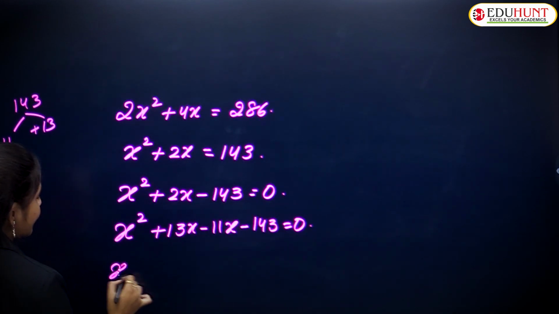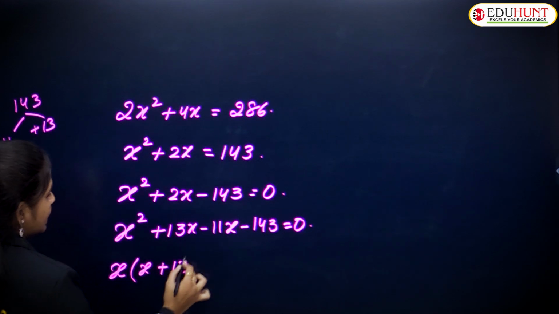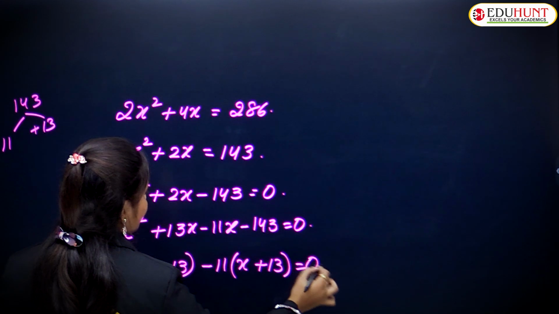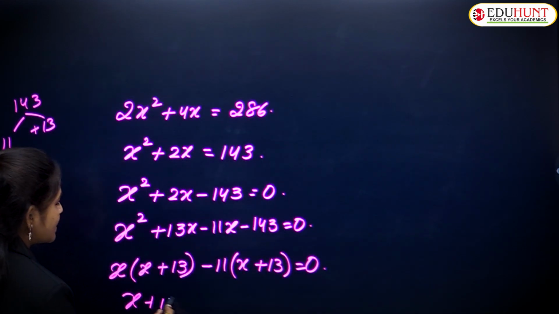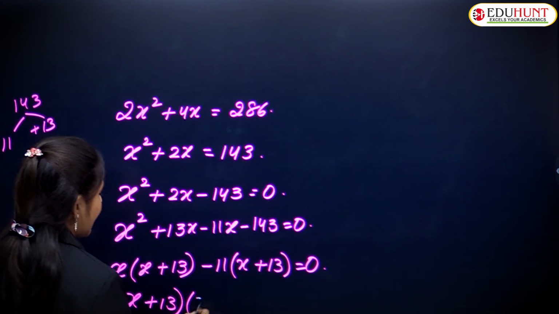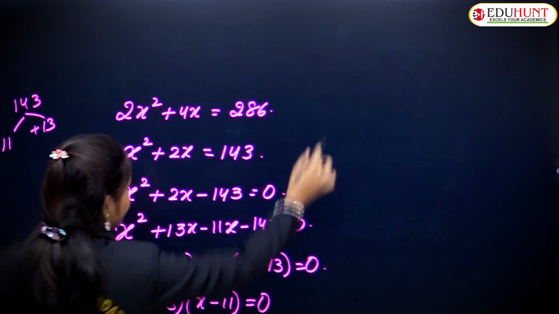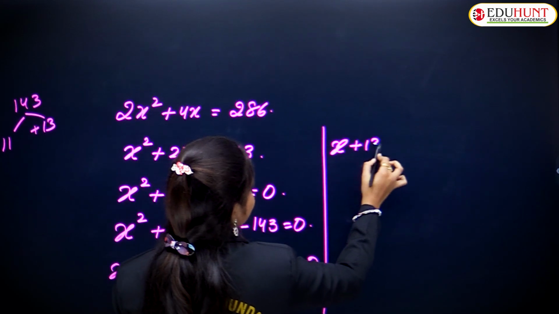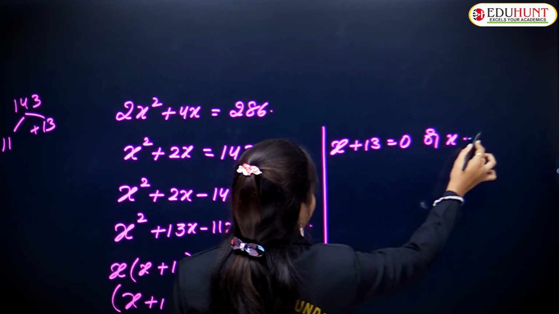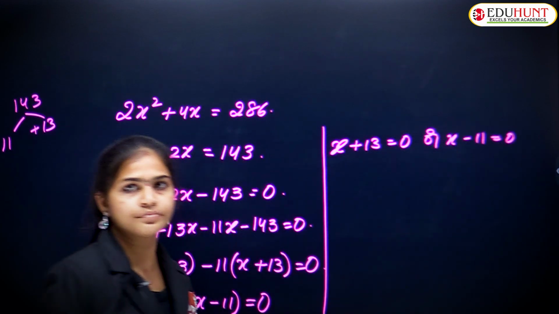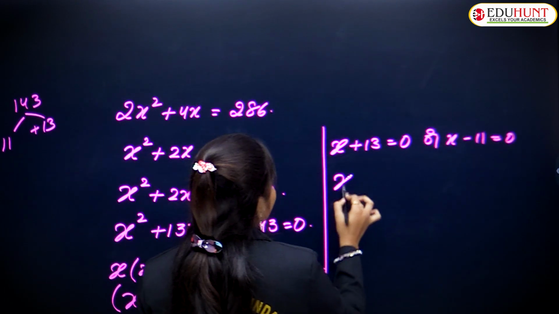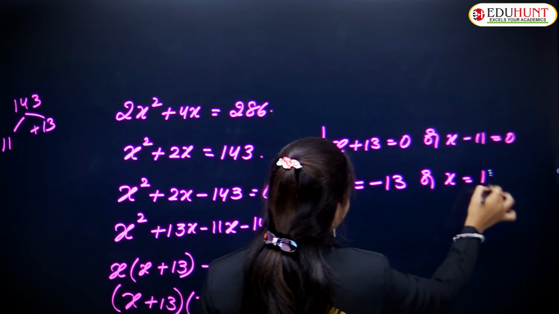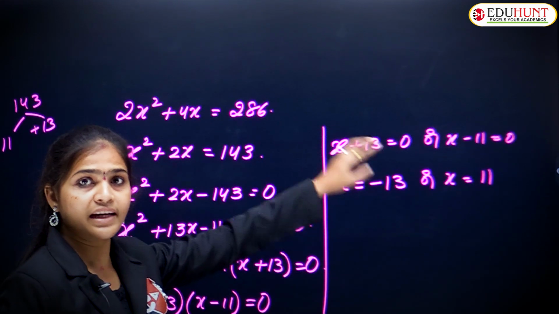Take x as common: x times (x plus 13) minus 11 times (x plus 13) is equal to 0. Again take x plus 13 as common: (x plus 13)(x minus 11) is equal to 0. So x plus 13 is 0 or x minus 11 is 0. So x is equal to minus 13 or x is equal to plus 11. Again we got two values.